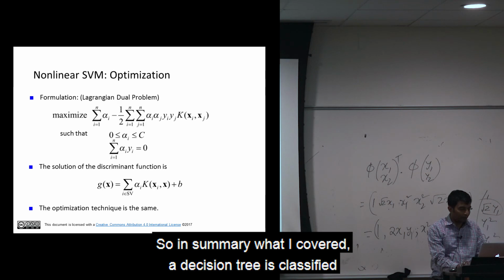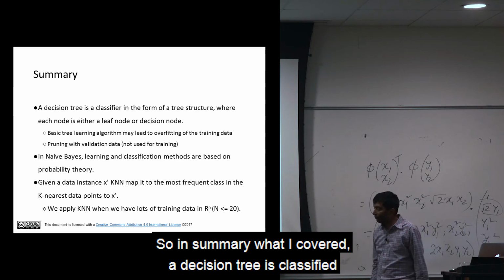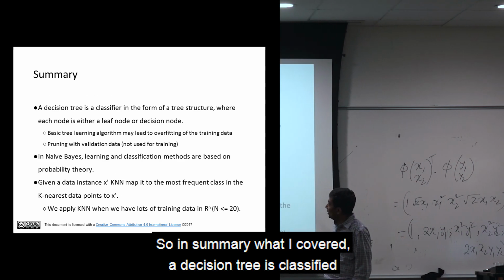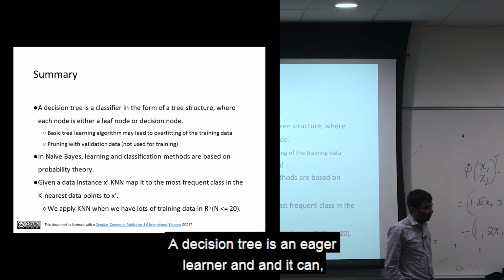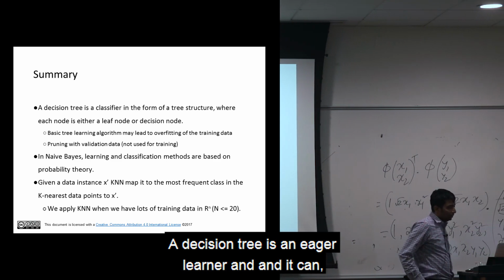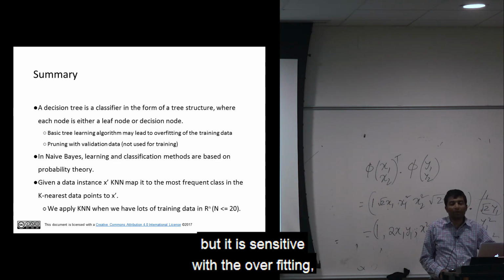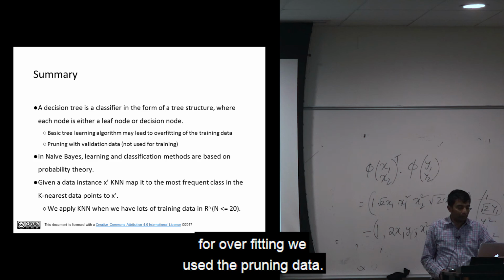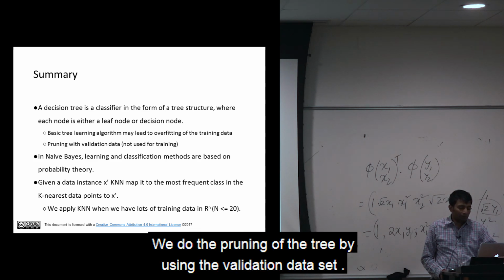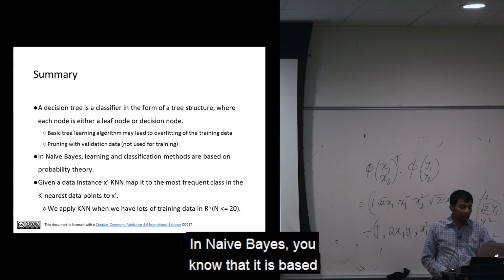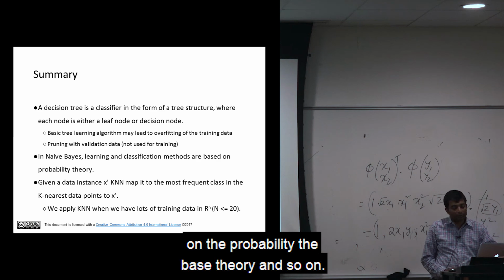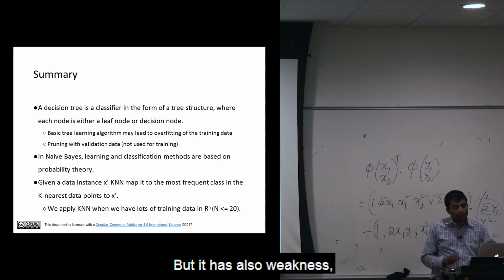So in summary, what I covered: a decision tree is a classifier in the form of a tree structure, and decision tree is an eager learner, and from the training data we build the model, but it is sensitive to overfitting. For overfitting, we do the pruning of the tree by using the validation data set. In naive Bayes, you know that it is based on the probability Bayes theorem and so on, but it also has a weakness.